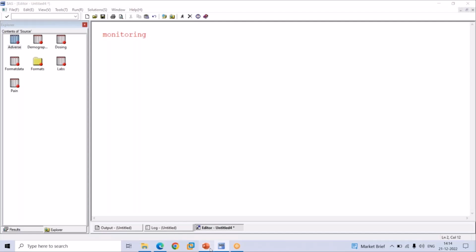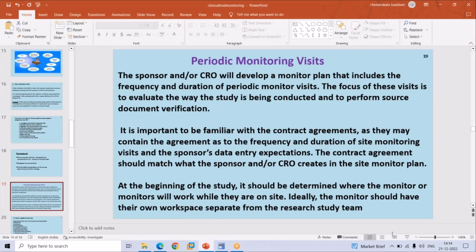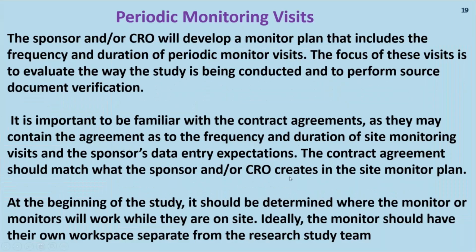So the sponsor or CRO will develop the monitoring plan. That includes at what frequency the monitor has to visit and the duration of each visit.